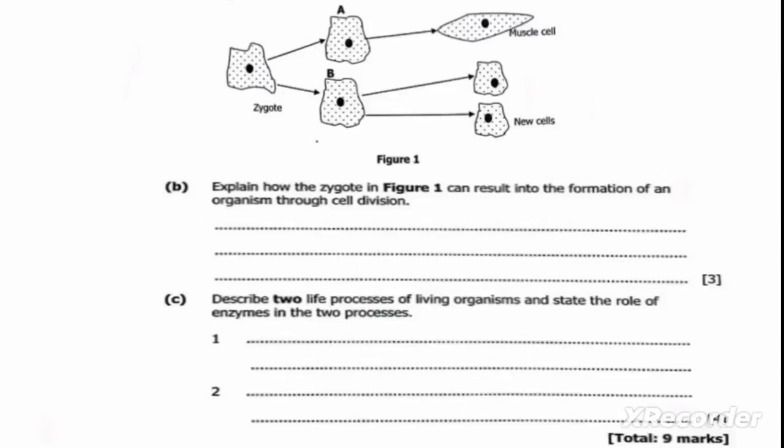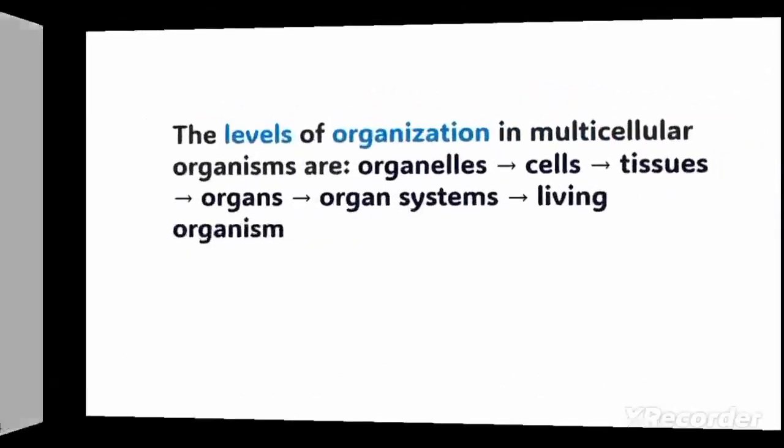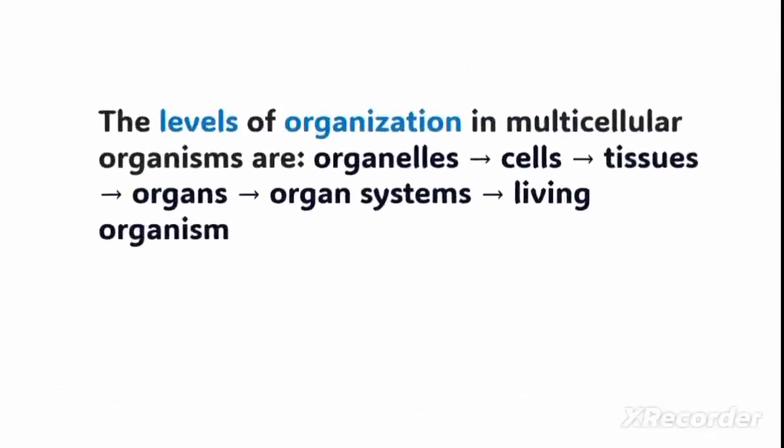All these are organelles making up a cell. A grouping of cells makes a tissue. Grouping of similar tissue makes an organ. When we group the organs together, we form the system. When we combine the systems, we form the whole organism. So these are levels of organization.